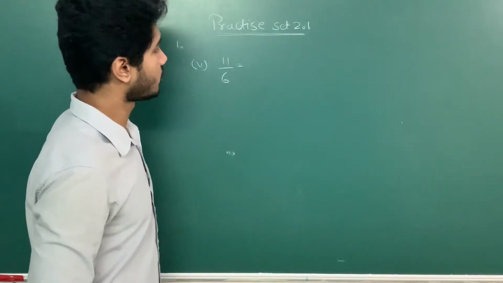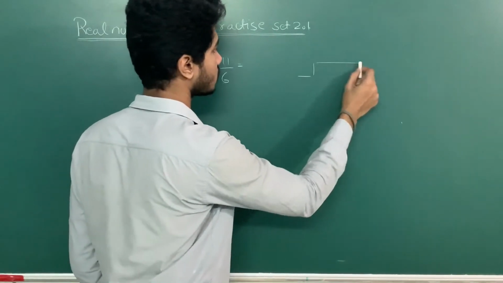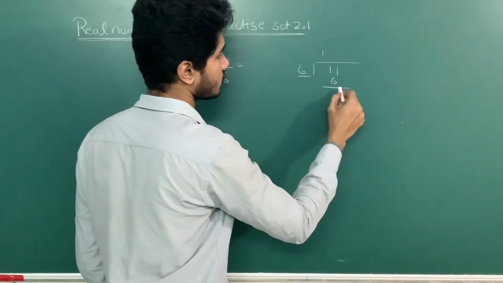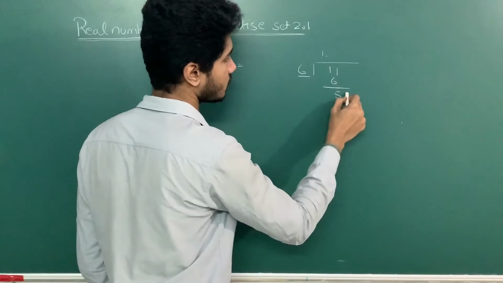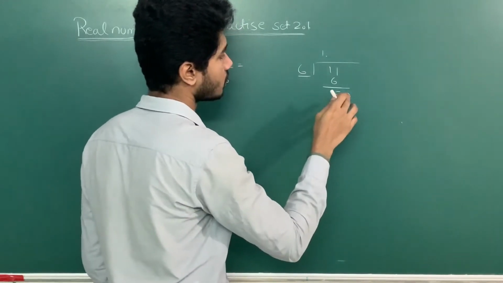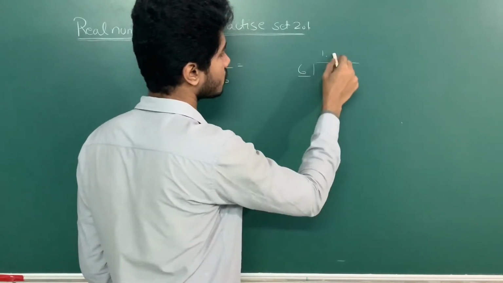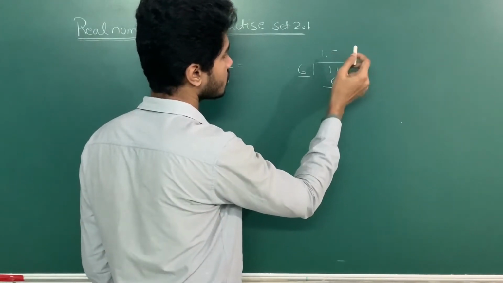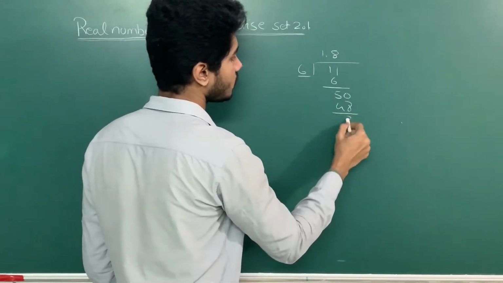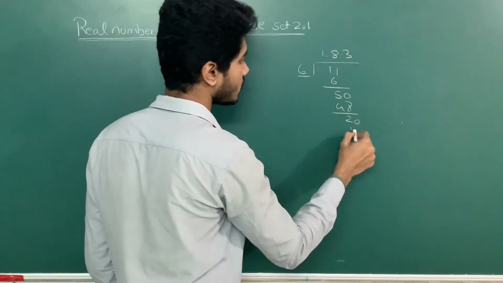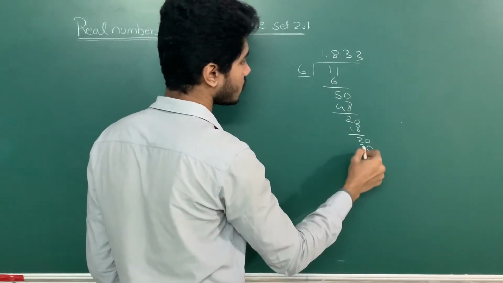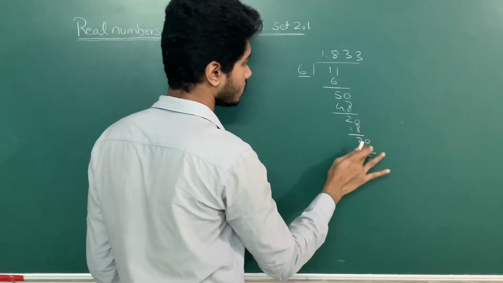Fifth question, 11 upon 6. So you start with 1s are 6, you get 5, a decimal, you can write it directly, 0 over here. And this is 50, 8s are 48, you get 2 over here, 0, 3s are 18, you get 2 back, you get 3 over here again, so you get 2 over here.